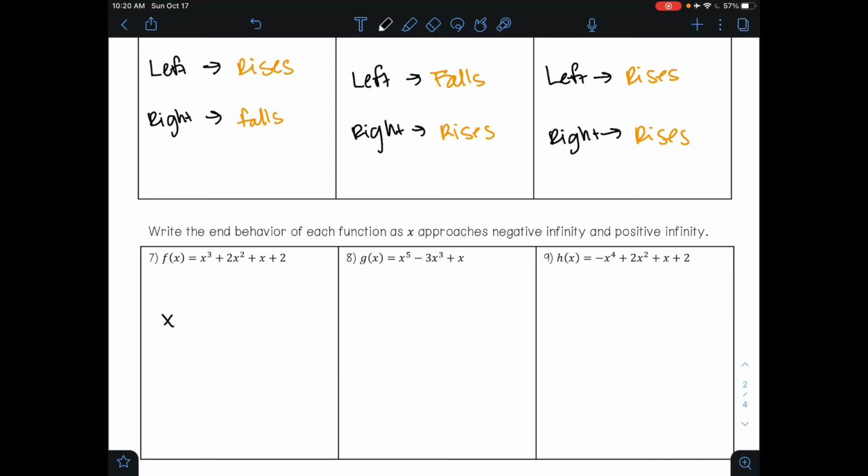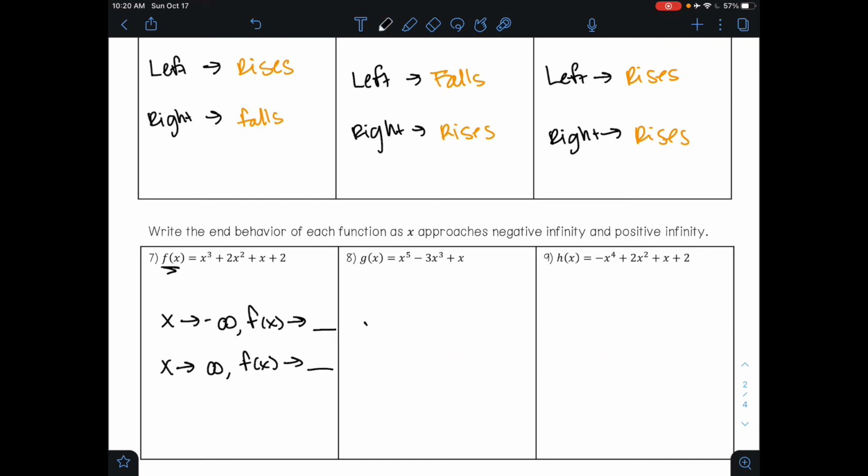As x approaches negative infinity, I want to figure out what y is doing, or in this case, what f of x is doing. And as x approaches positive infinity, I want to figure out what f of x is doing. And I'm going to go ahead and write that out for these 2 over here as well.